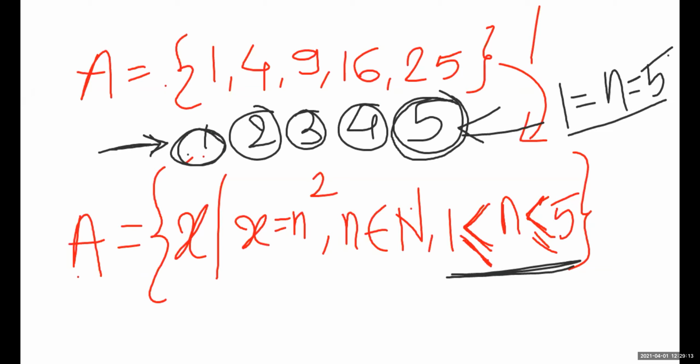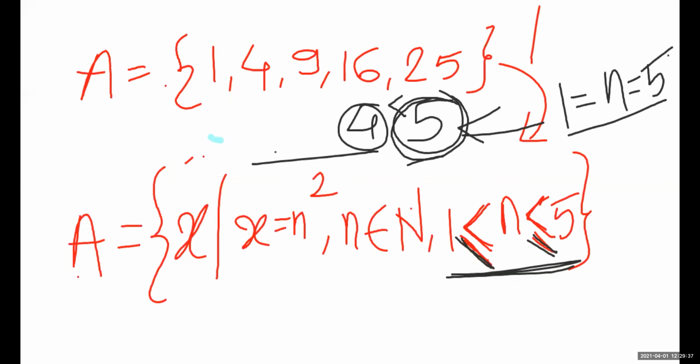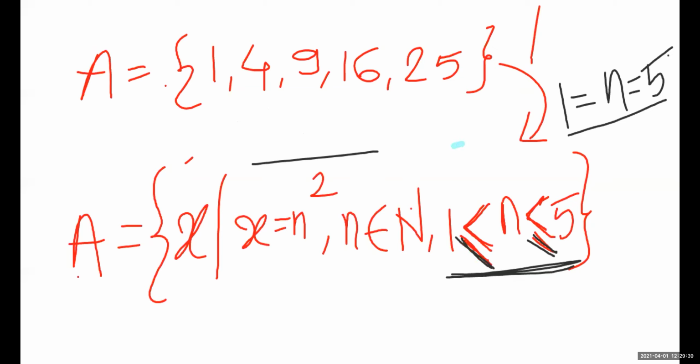What about the in-between numbers? तो इसीलिए हमने यहाँ पे ग्रेटर देन 1, because greater than 1 is 2 3 4 and also less than 5 is also 2 3 4, and to take a 5 we are putting an equal, and to take a 1 we are putting here an equal. Is it clear now?